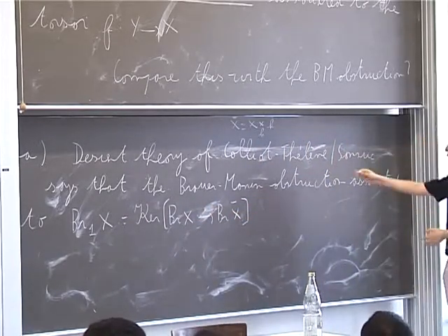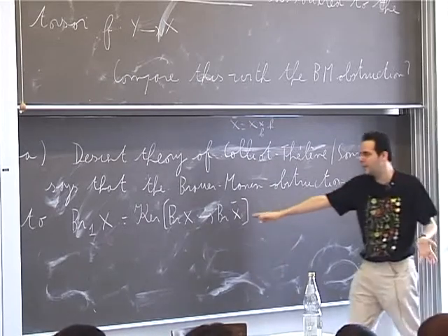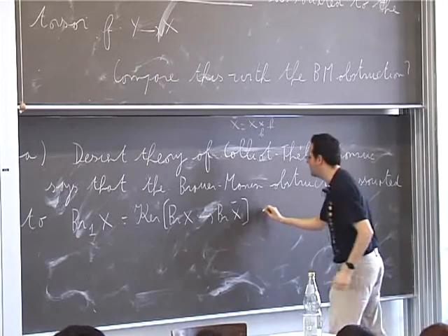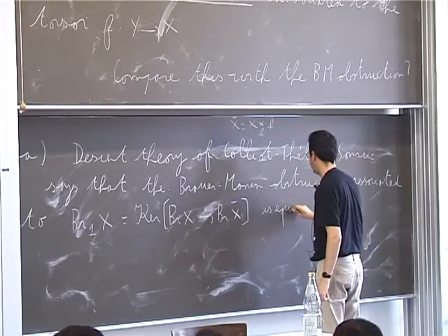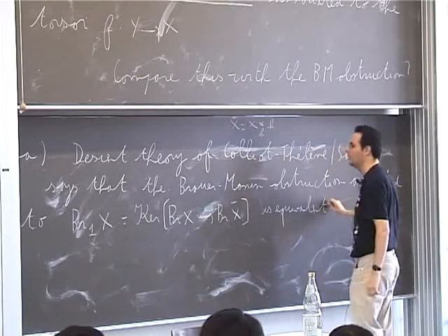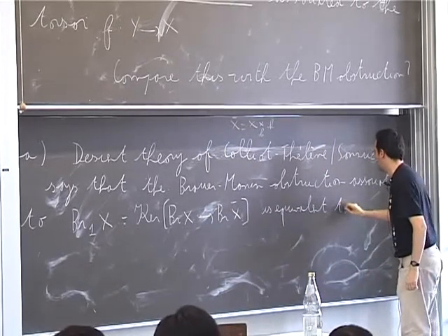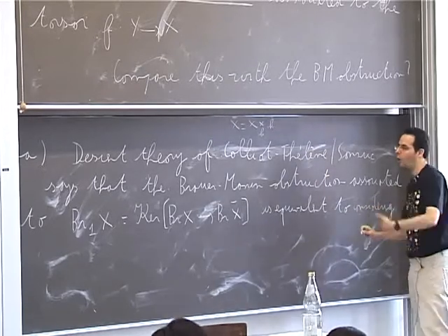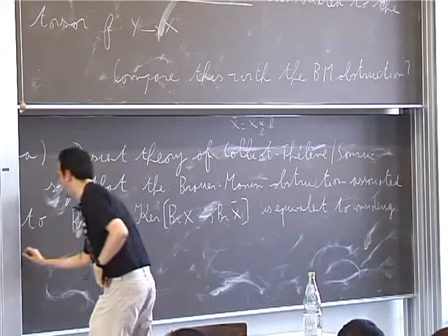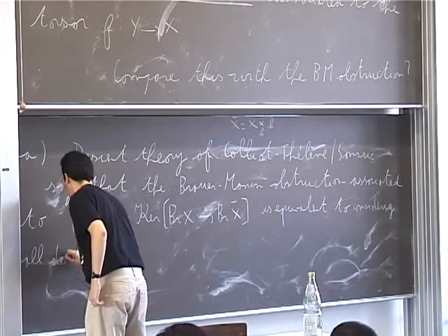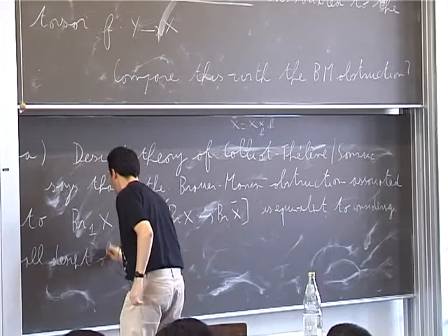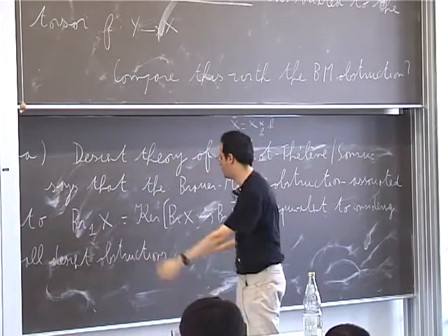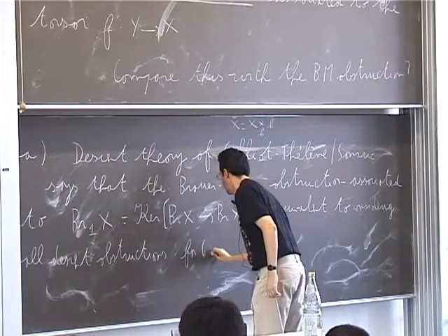Now you consider all Brauer-Manin obstructions associated to these elements. Then the statement is that this obstruction is equivalent to considering all descent obstructions for G of multiplicative type.